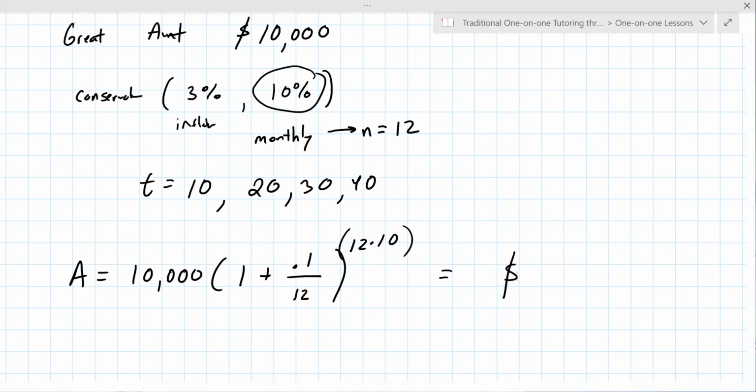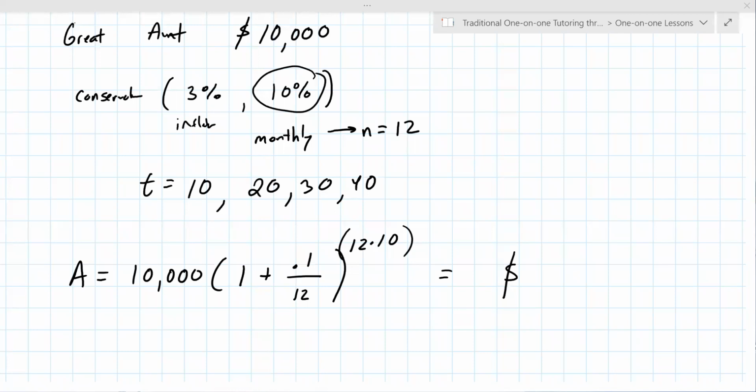Yes, I do. This is important because most of the mistakes come from entering into the calculator wrong. And you should at least have some sense that this money will grow, so it better be bigger than $10,000 when you give me your answer.